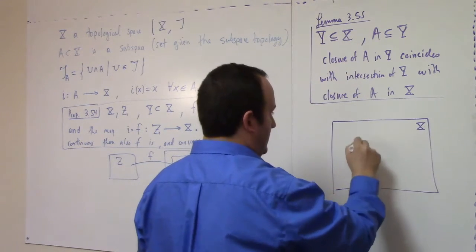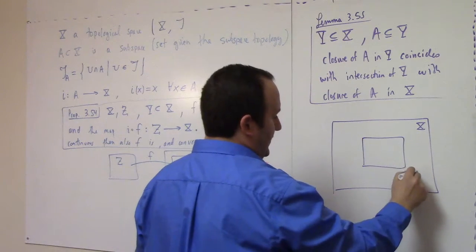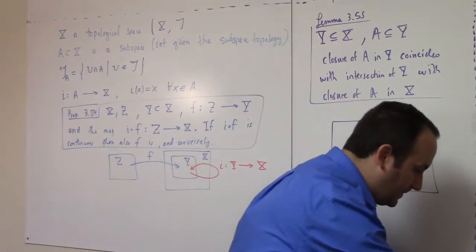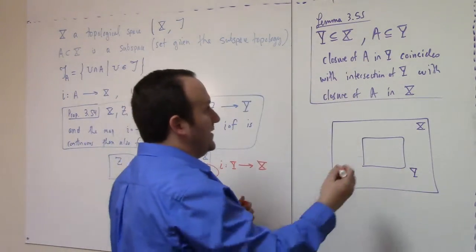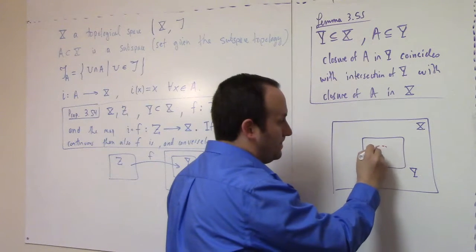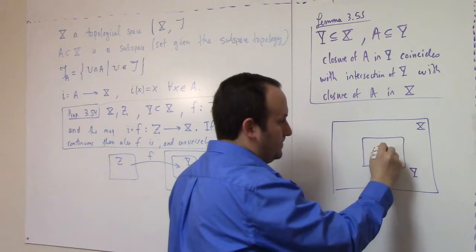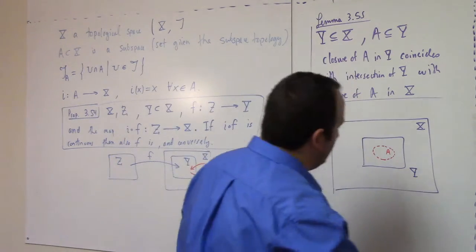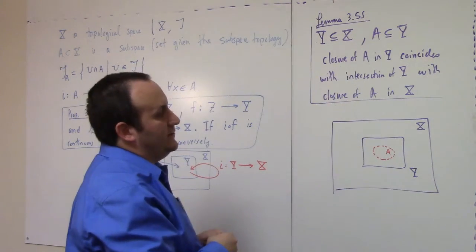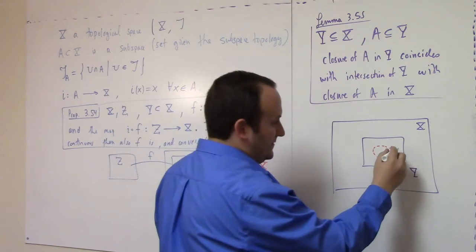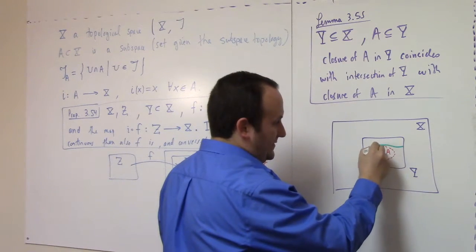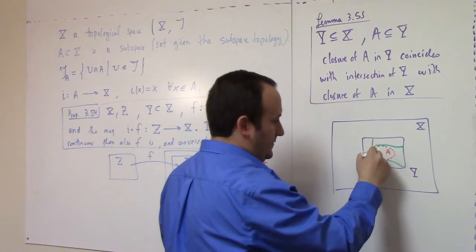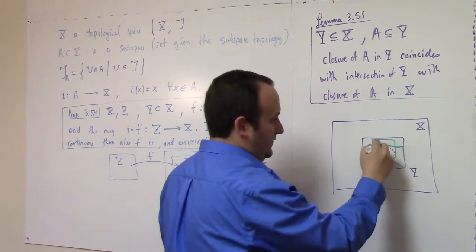Here's X. Here's Y. I'll try to explain this with a picture. Inside here, of course, you have A. The closure of A in Y is something like, you think about things like this, and things like this, and so forth.